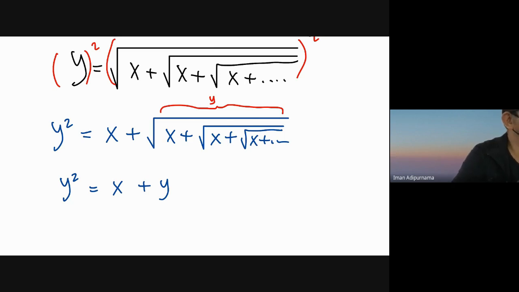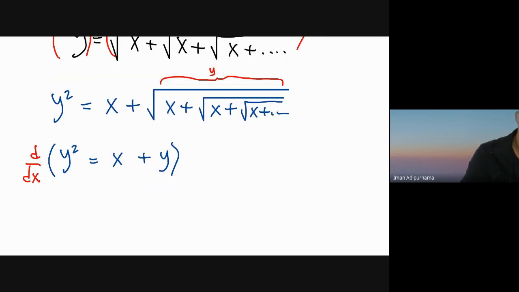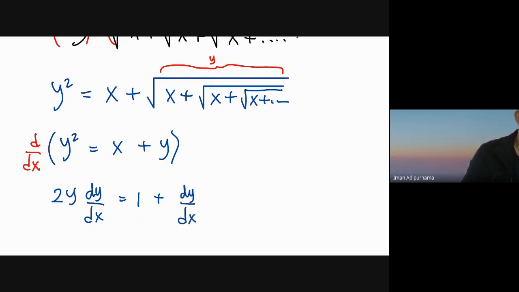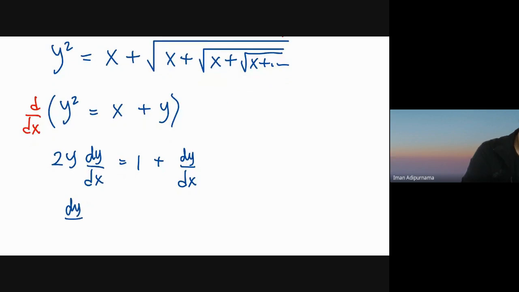Okay, by doing so and using implicit differentiation, we can take this and differentiate the terms with respect to x. And then this will be 2y dy dx, and then this will be 1 plus dy dx, and solve for dy dx. 2y minus 1 times dy dx equals 1.